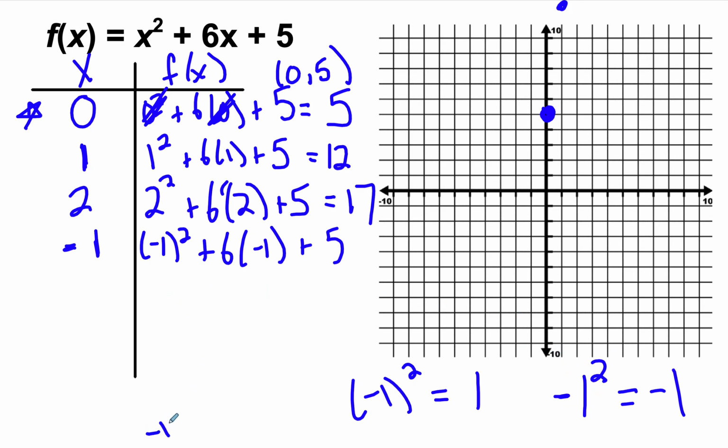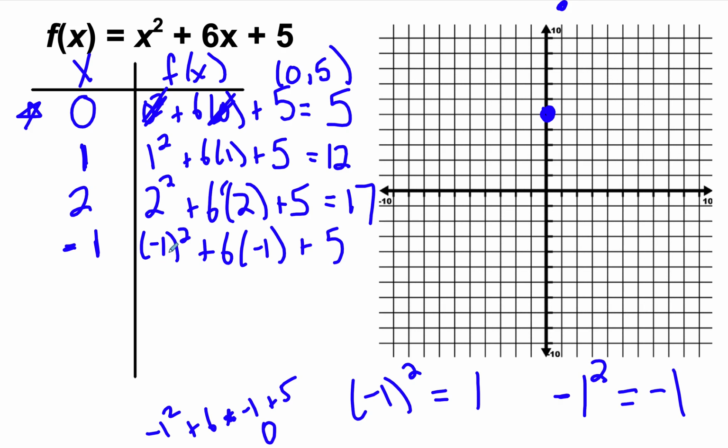If you do it like this in your calculator, it's not going to give you what you should get. What it's going to give you is -1 instead of 1, -6 plus 5. It's going to give you 0. But what do we really get?